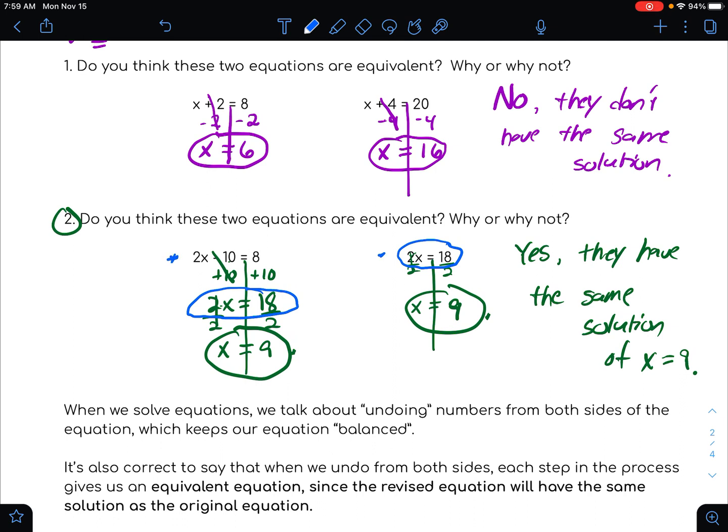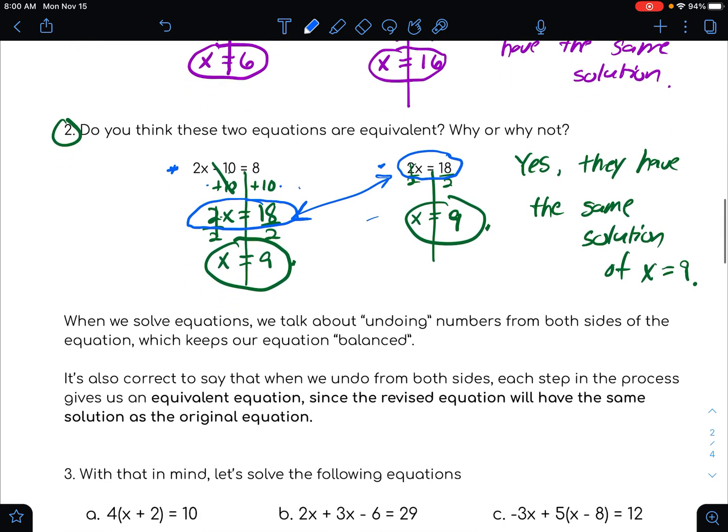They might not start off looking equivalent, but once we start simplifying it, or once we start to solve it and create equivalent equations, because we do the same operation to both sides of the equation, we can see at some point in the process we end up with that same equation there. So that also shows that the equations are equivalent if somewhere in the work you end up with an equation that you have on the other one.